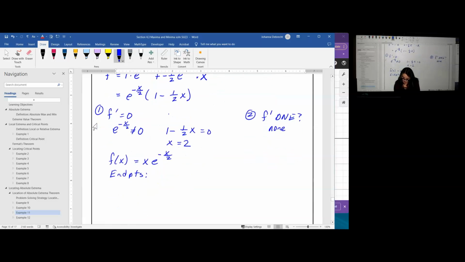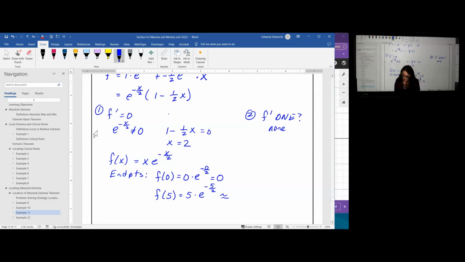This is going to give me f of 0, which is 0 times e to the 0th power. e to the 0th is 1, but 0 times that is still 0. The other endpoint is 5, which gives me 5 times e to the negative 5 halves. I'll have to approximate this so I can tell about how big it is.